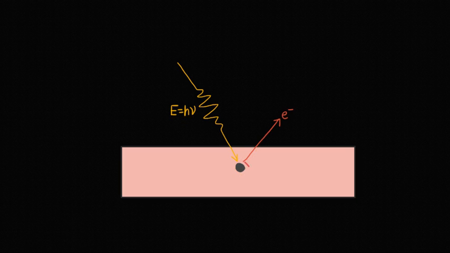The consumed energy, the energy which is taken by this photosensitive material, is known as your work function, which is represented by W naught, and the rest of the energy will be taken by this electron as kinetic energy, which is half m v max square.